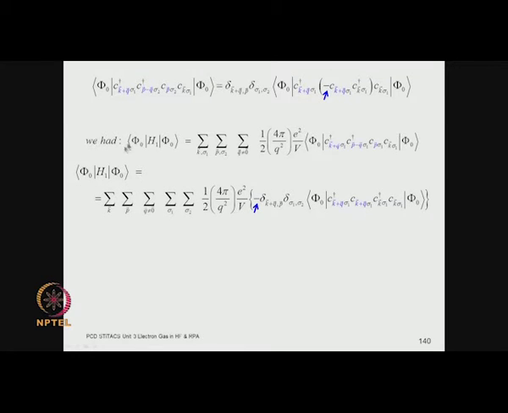You get the matrix element of the perturbation Hamiltonian, then you have got the sum over k, the sum over p, you have got q not equal to 0, which is here, right?